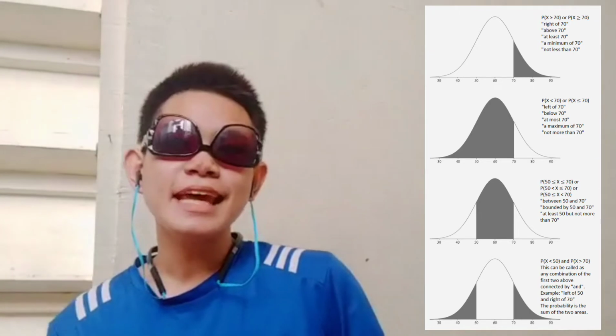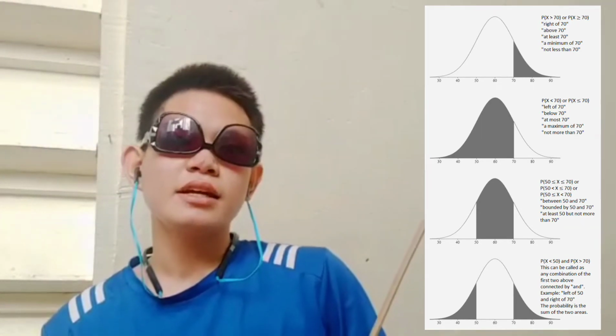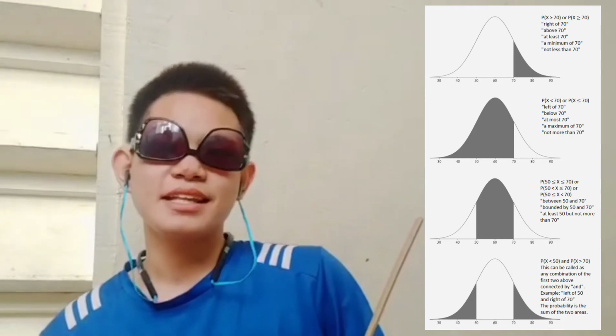Here are some examples of using the normal curve, which are centered at 60 minutes. The text in the image describes how each is represented mathematically.